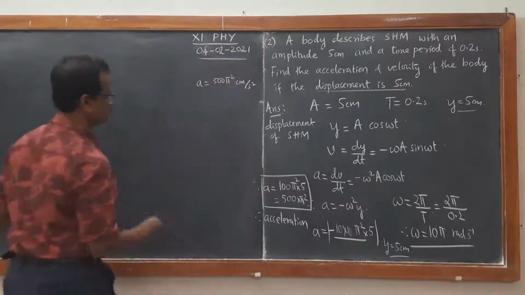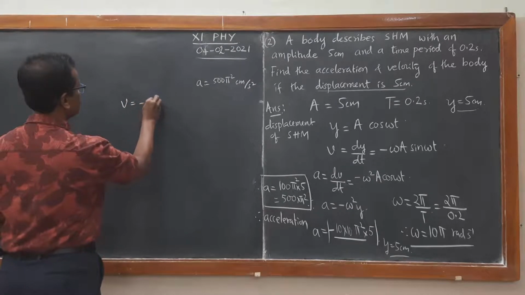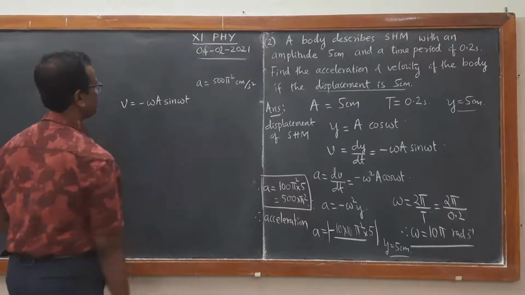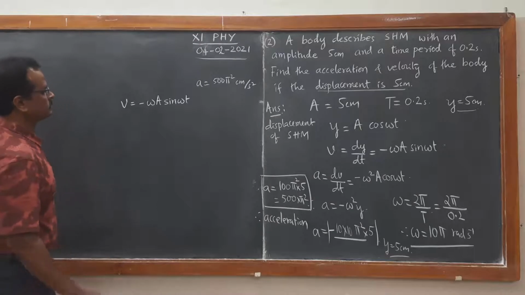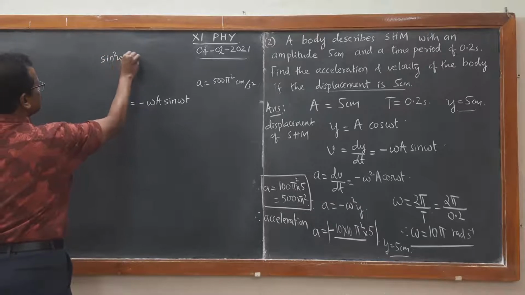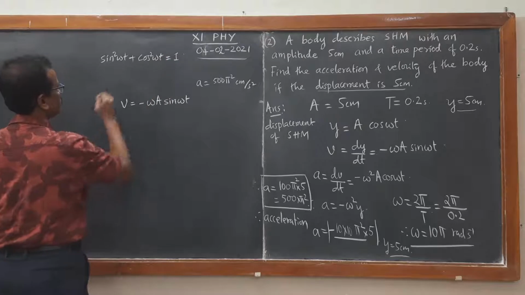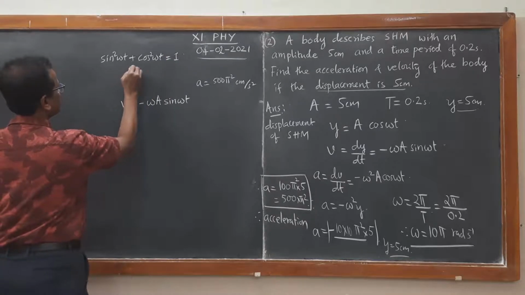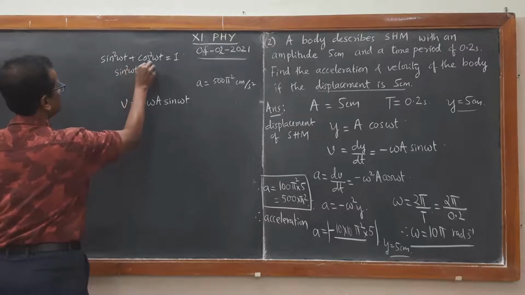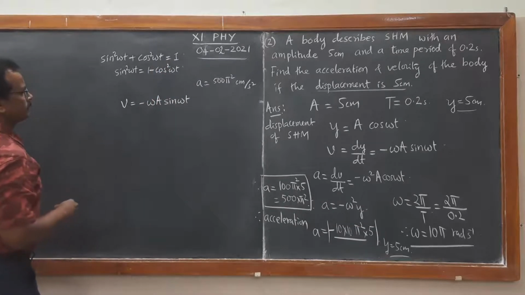Look at this equation. We have velocity is equal to minus omega a sin omega t. Sin omega t can be written using sin square omega t plus cos square omega t is equal to 1. So sin square omega t is equal to 1 minus cos square omega t.